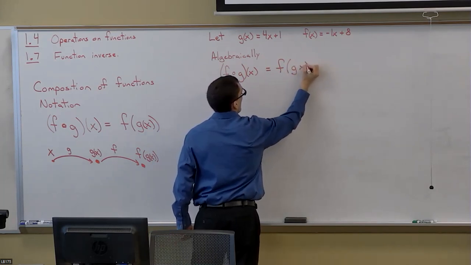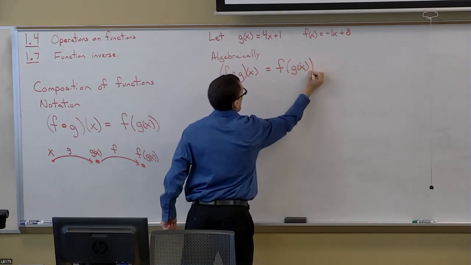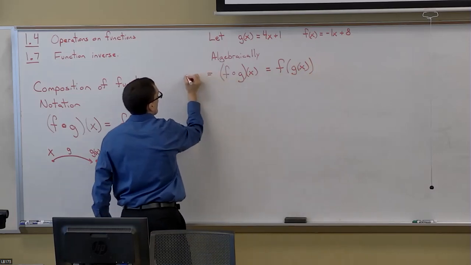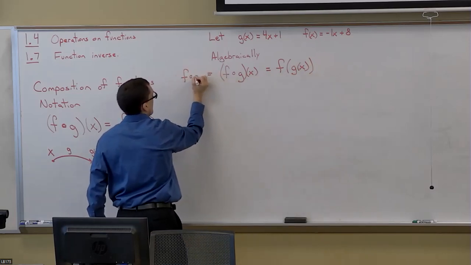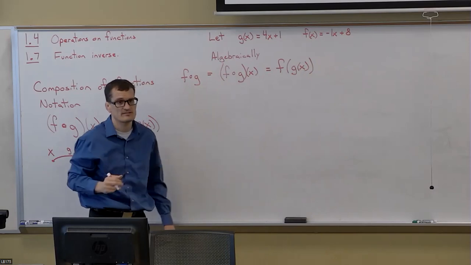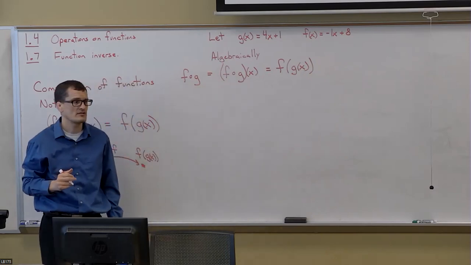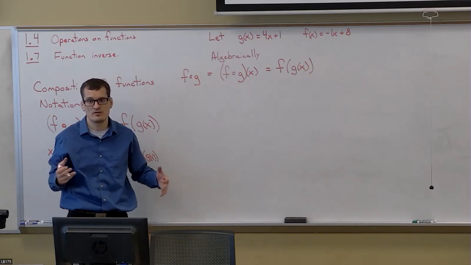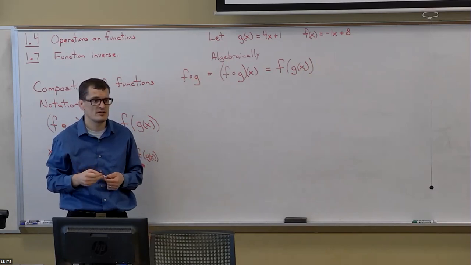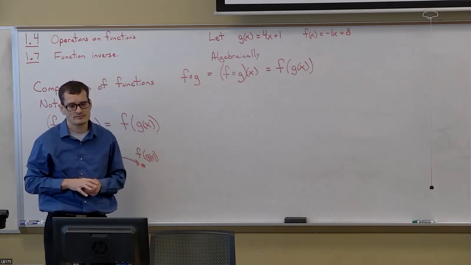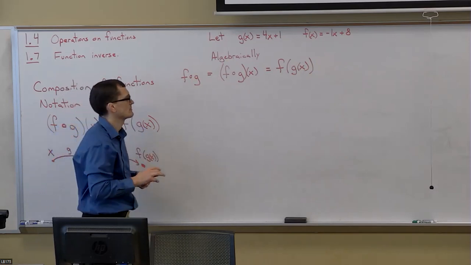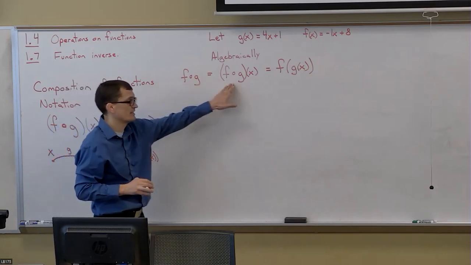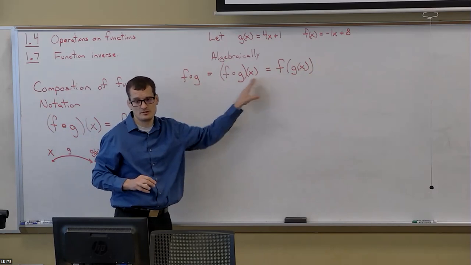Or some people would just write that as what is f of g without writing an x. Is that okay? Just to save time on writing. It's kind of a trick. If it's a variable that's x, we just don't write it. Right, f of g. That's shorthand for this. Same notation as that.